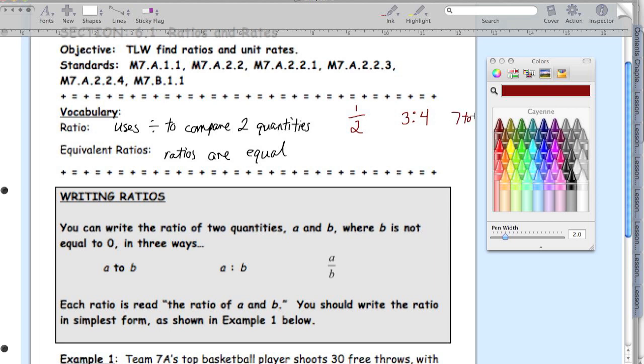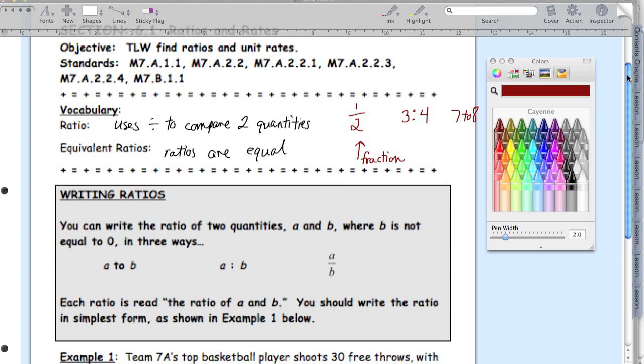This could be a ratio. And we're going to look at that down here, but notice that there's different ways of writing it, and this one might be tipping you off. It kind of looks like a fraction, and you're right, it is a fraction. So ratio, if we're just speaking of this one in particular, is something that we've already been studying for quite a while. So that's going to come in handy throughout this lesson.